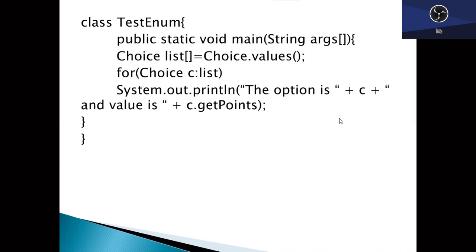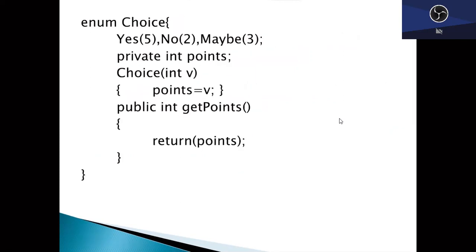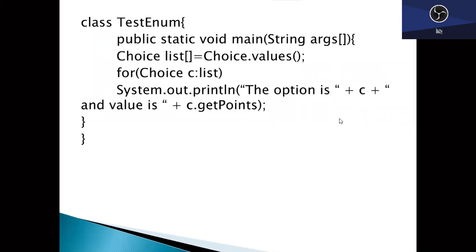Initially c is pointing to list[0], and in list[0] I have Yes. For Yes, we have the value 5, points is 5. So it prints: the option is Yes, and value is 5. Next iteration, c points to list[1]. Again we are printing: the option is No, and the value is 2, I think it was 2.